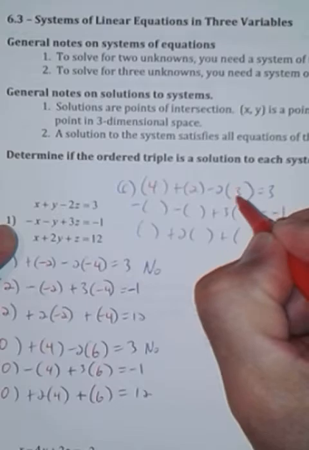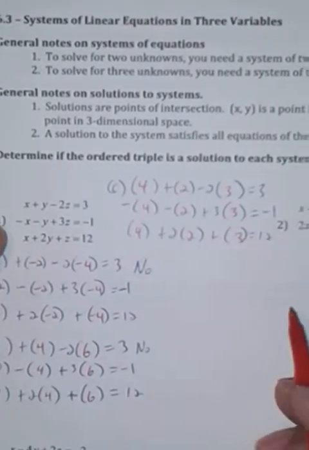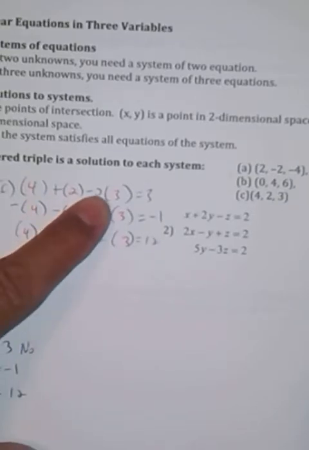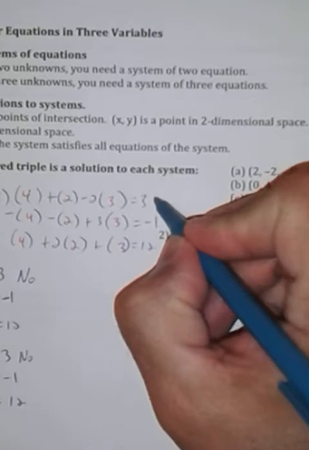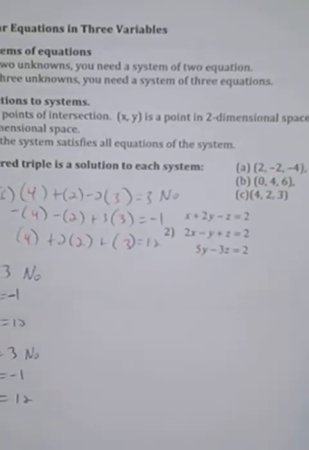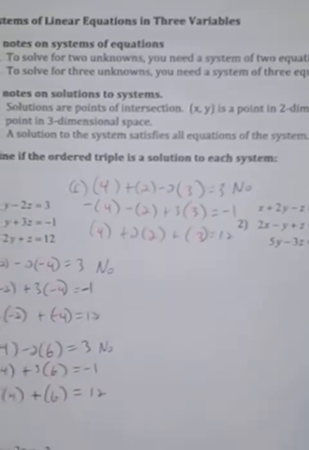So it's 4, 2, and 3. All right. 4 plus 2 is 6, minus 6 is 0. Okay, so that one doesn't work already, so the answer is no. So none of those, A, B, nor C, none of those points is a solution to the system.